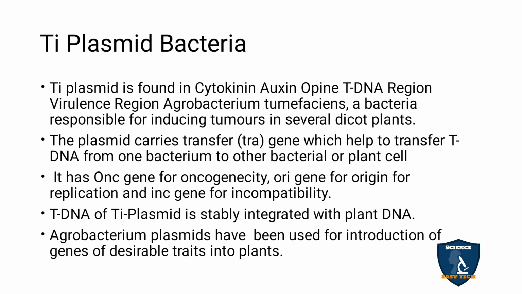Next, the Ti plasmid. The Ti plasmid is found in the bacterium with the cytokinin, auxin, opine T-DNA region and the virulence region, Agrobacterium tumefaciens, a bacterium responsible for inducing tumors in some dicot plants.